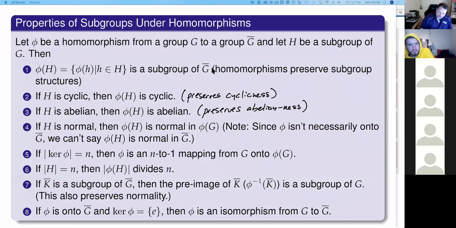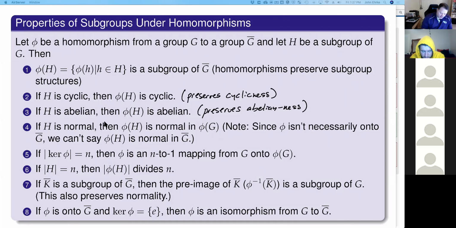If we're not onto, excuse me, then the image of our mapping might not be all of the range set. So it'll map a normal subgroup onto a normal subgroup, but it'll do it inside of the image of the mapping. The image is not necessarily normal in the entire group. It's normal in the image.